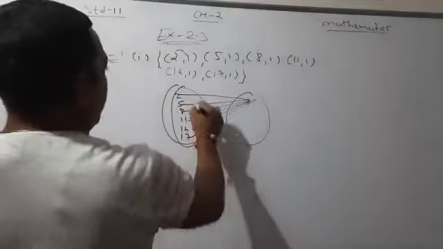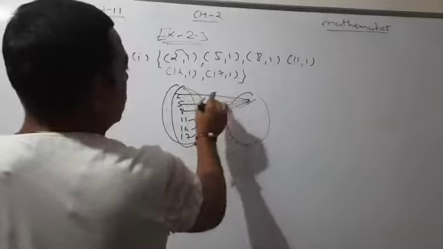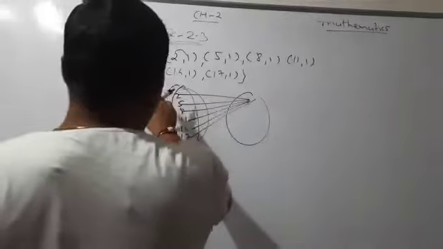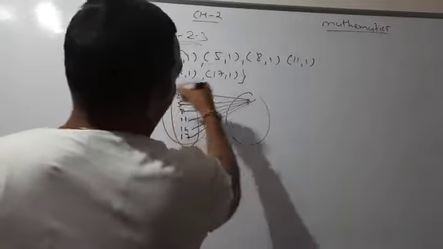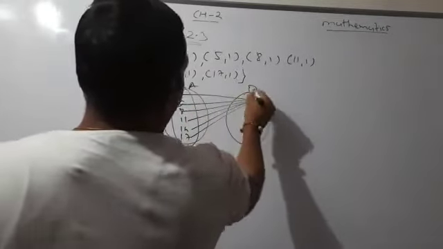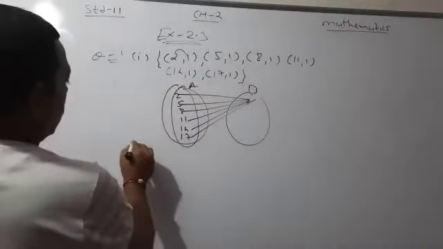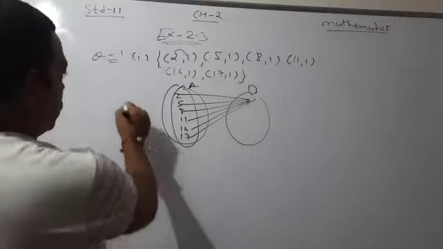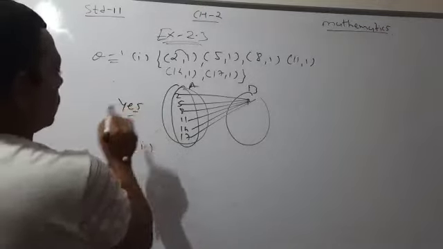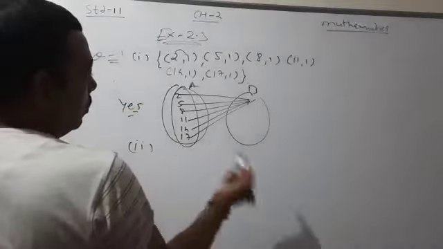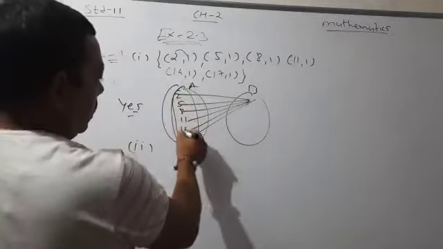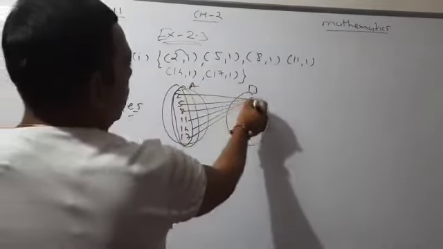Here always only one arrow is drawn from each element of set A to set B. So this is called a function. Yes, it is a function. What about the domain? You know very well. The domain is the first entry, that is this, and the range is this.